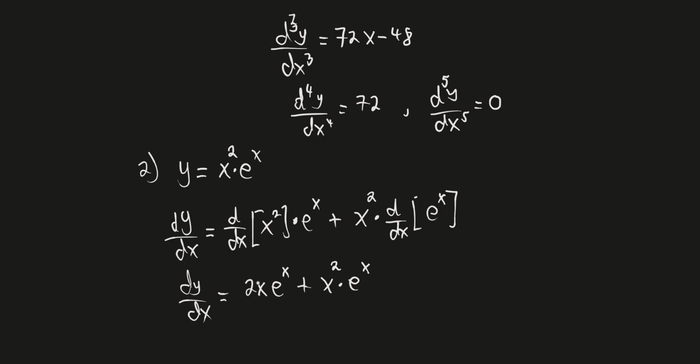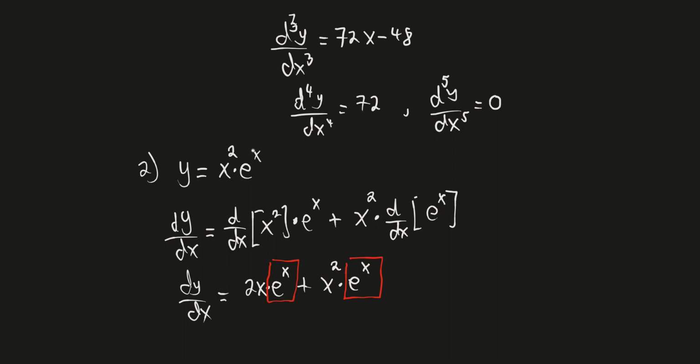Now, if we have to find the second derivative, let's look at what it entails in this current form. We have one product here, the 2x times e to the x, and another product here, the x squared times e to the x. I could do two separate product rules, but because both terms have an e to the x in common, I can use the greatest common factor and factor out that e to the x.